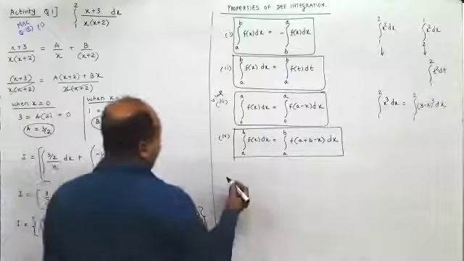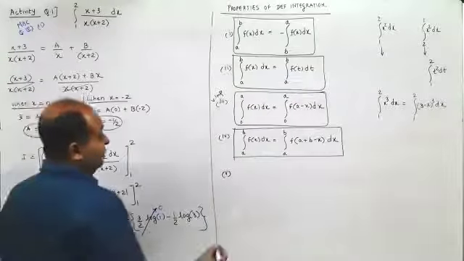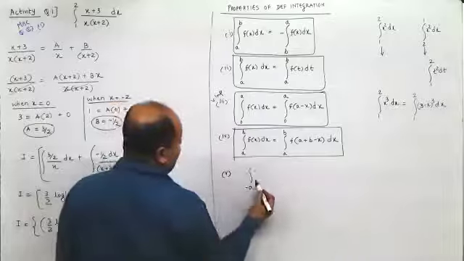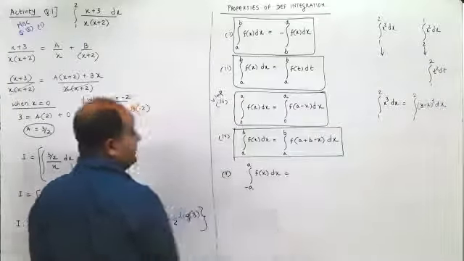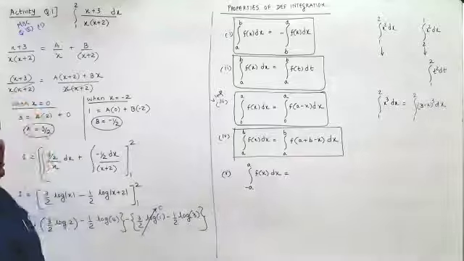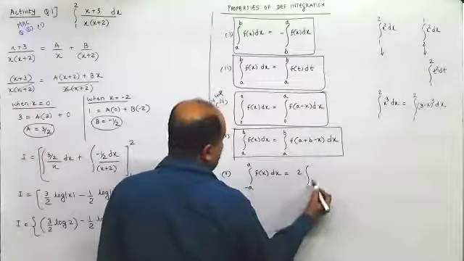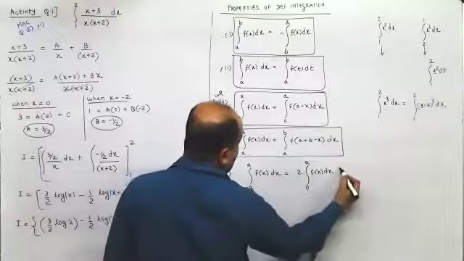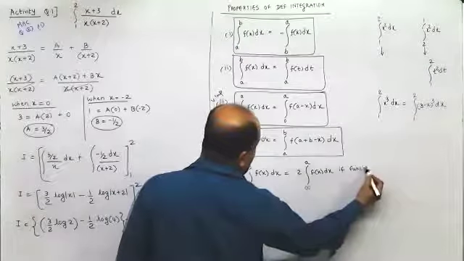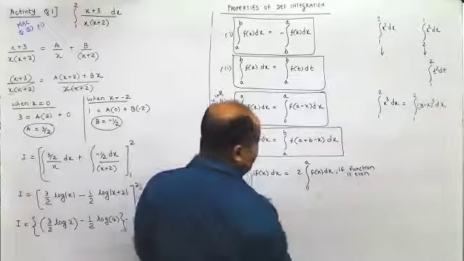Fifth property. If you have the lower limit and the upper limit to be the same, that is minus a to a, then you need to first check whether the function is even or odd. If the function is even, you have to write 2 times 0 to a f of x dx. What do I mean by function is even?